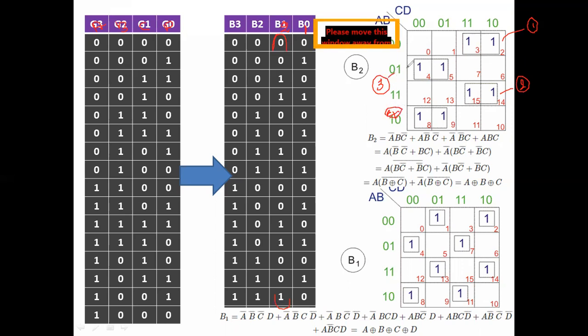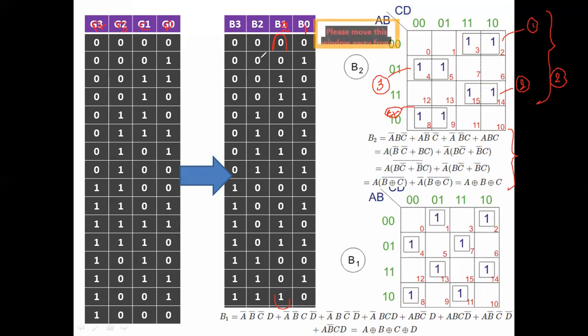then reduce the obtained expression by using the Boolean reduction technique. That means here we obtained A bar B C bar plus A B bar C bar plus A bar B bar C plus A B C from all four groupings of 2 ones.